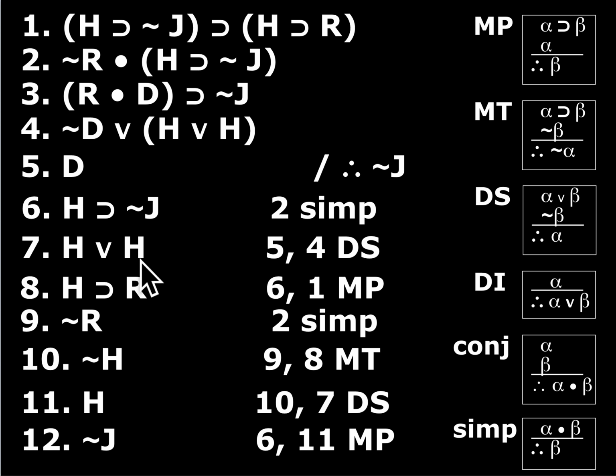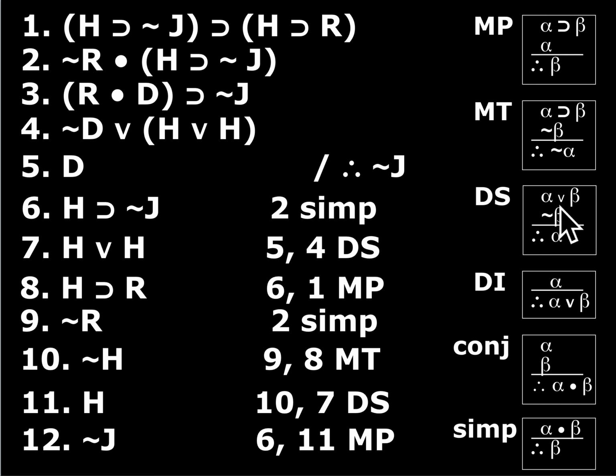There's a couple of things here that you might be questioning. One is this H or H move I did where I used DS. If you look at DS and you look at the written schematic here, these are two different statement variables, and in many cases, a lot of students think incorrectly that because these are two different variable letters, alpha and beta, these have to be different statements.